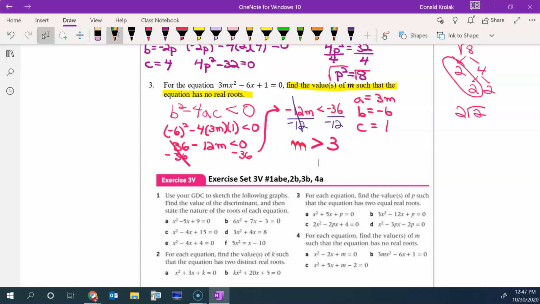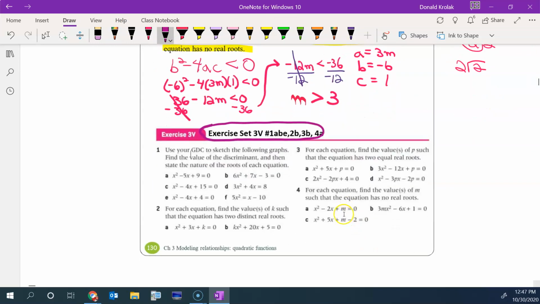All right. So you have 2 assignments. The one from yesterday, which was set U, and then these problems from today. On part 1 of today's, you're doing 1A, 1B, and 1E.